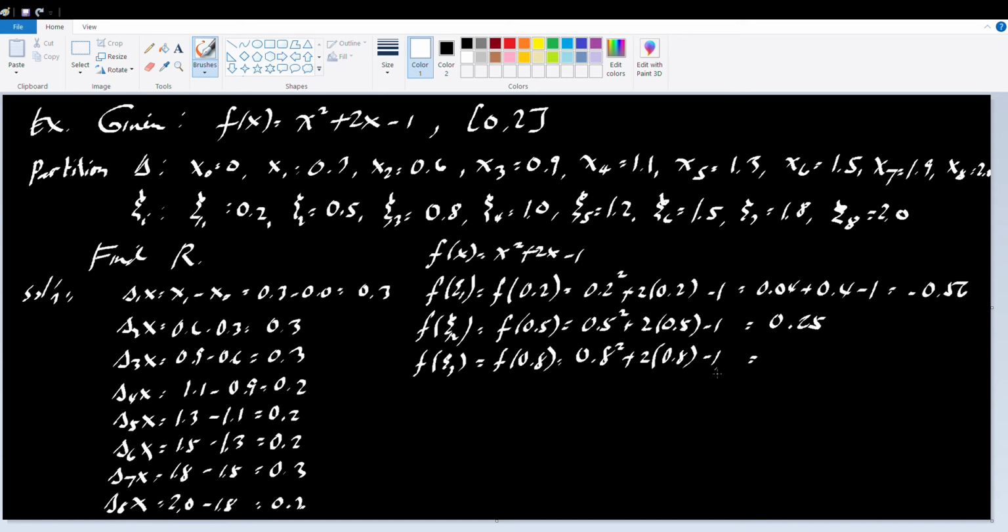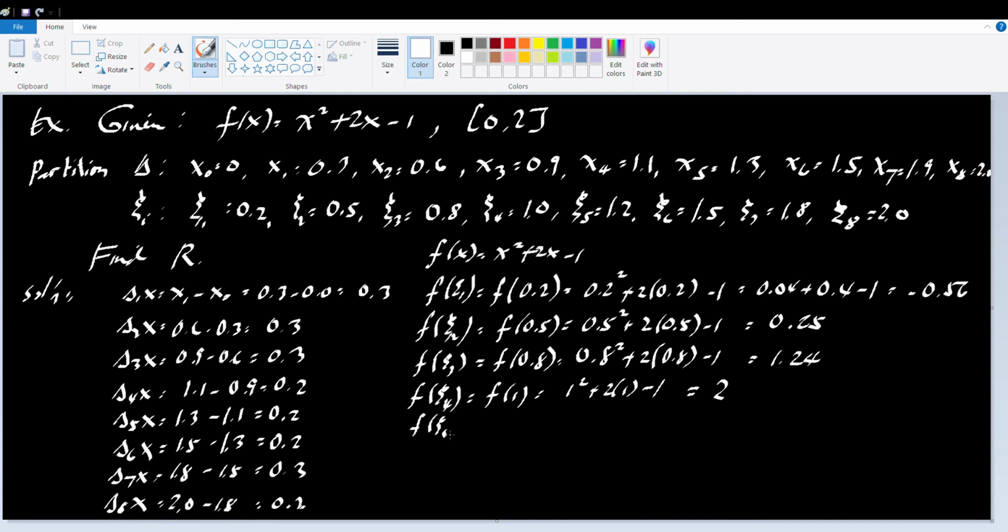That will be 1.6 minus 1 is 0.6, plus 0.64, 1.24. f of c sub 4, that is f of 1. So 1 squared plus 2 times 1 minus 1, that will give me 2.